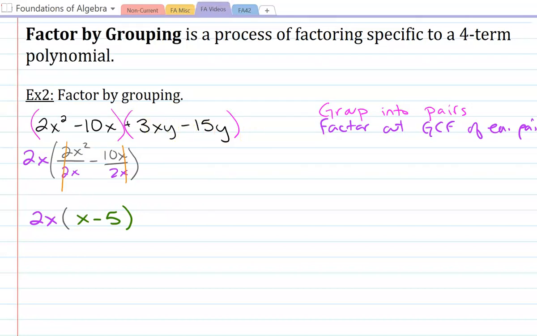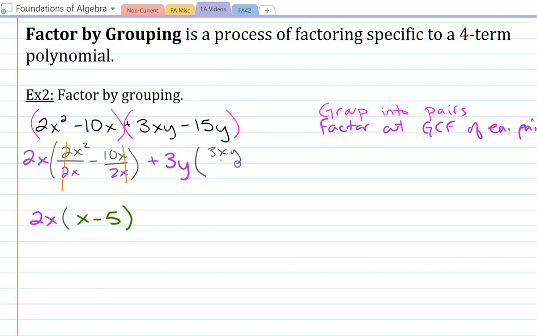The GCF between 3xy and 15y would be 3y. Remember, the GCF is the multiple that they both have in common.